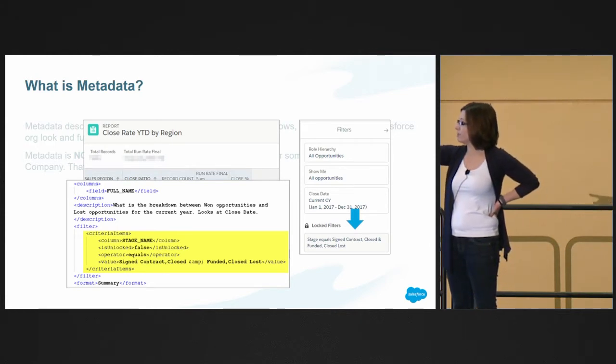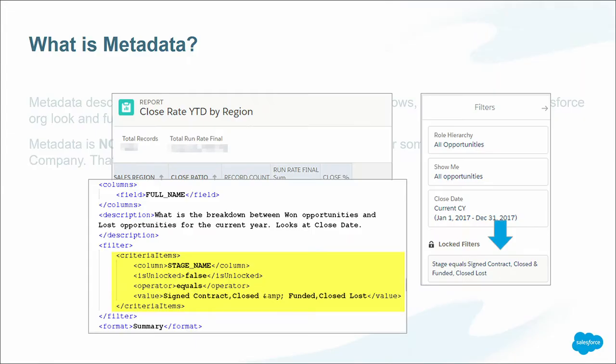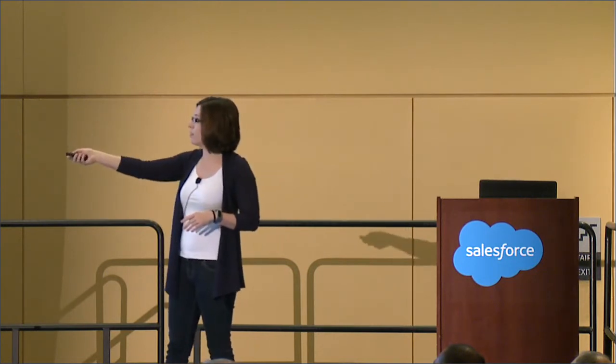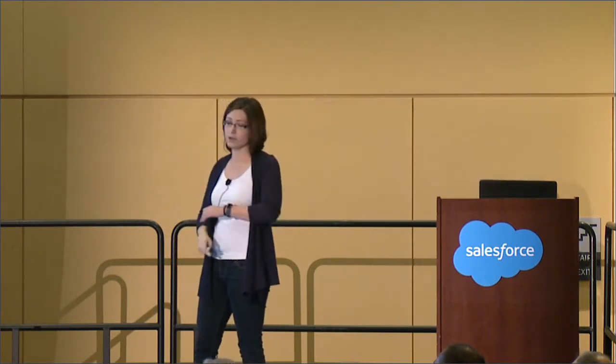You have the column name, which is stage name, and then it is equals and the different stages that we're actually looking for. So you could open up all of these files and look at that. I don't recommend doing that, but I just want you to get a sense of what is actually in there, and it's pretty valuable. And you can use a tool like Eclipse to search en masse and find this kind of information.